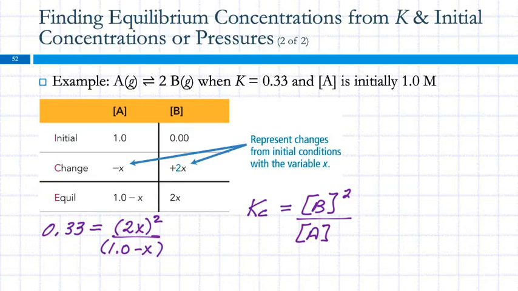There's a button that says X, Y, Z, T, A, B, C, D. You push that button, it'll give you X. You push it again, it'll give you Y, Z, T, A, B, C, D, back to X. Just use X. I'm going to close the parentheses and square that. And then I'm going to divide by, open parentheses, 1 minus X, close the parentheses.